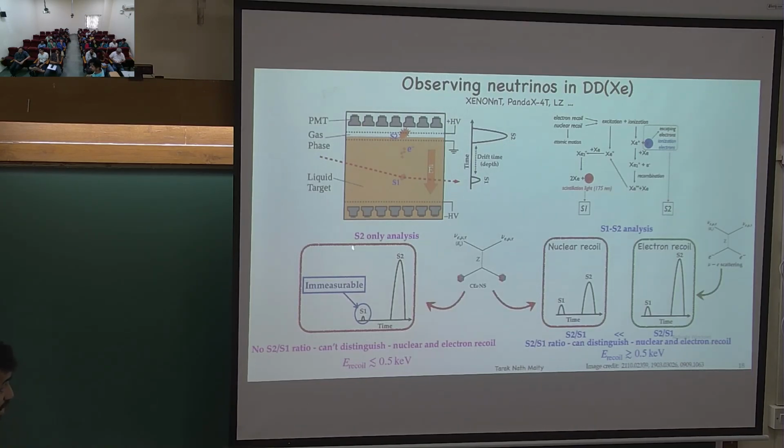But the contamination in an S2-only analysis from coherent neutrino-nuclear scattering would be larger compared to neutrino-electron scattering, just because the cross section is larger. And I am only talking about experiments which are big enough to detect neutrino events from the sun, like XENONnT, PandaX or LZ.